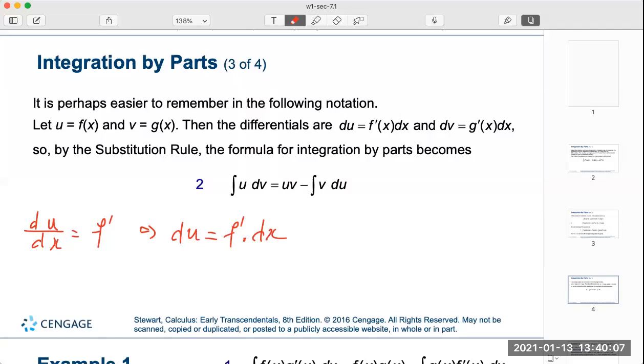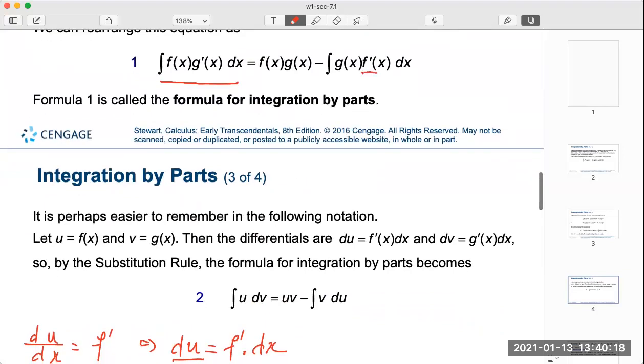As we can see, f prime dx we can write as du. Look back here, f prime dx, we can replace it and write it as du. g we can replace by v. And a similar story, if we replace g prime dx, it will be dv. That is the reason why we have the second formula here. It's nothing new.